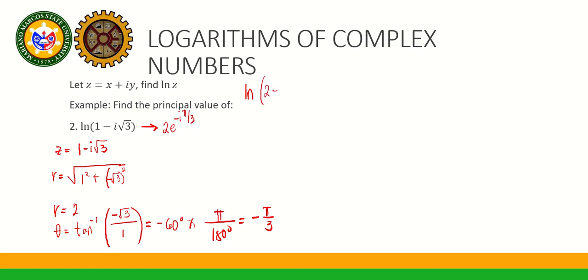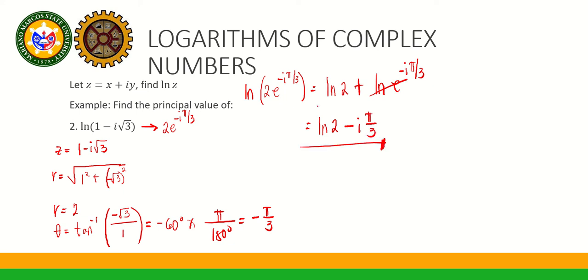So, ln of 2e raised to negative I pi over 3 will be equal to ln of 2 plus ln of e raised to negative I pi over 3. So, this will cancel. That will become 1. So, ln of 2 plus minus, kasi negative siya. So, minus I pi over 3. So, that is example number 2.